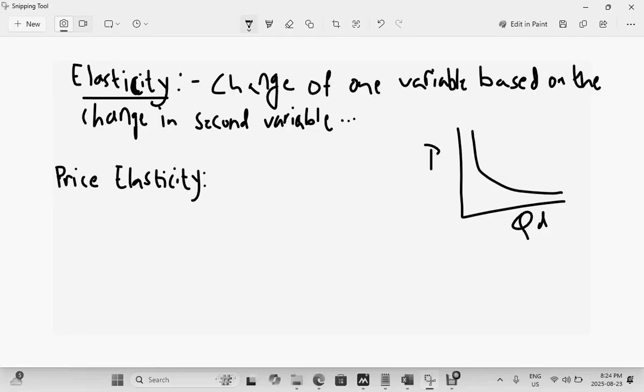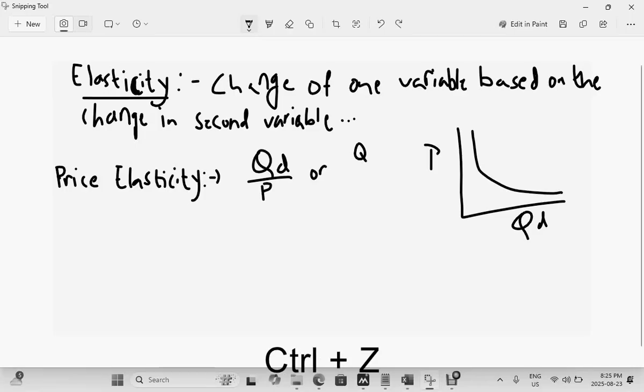When it comes to price elasticity, this has to do with the ratio of quantity over price. How much does the quantity, either demanded or supplied, change based on the change in price?